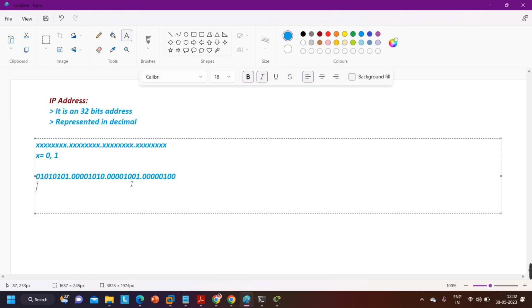Then 10, 9, 4. What value will you get here?